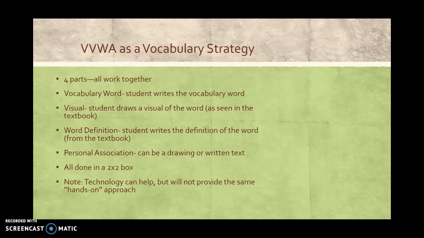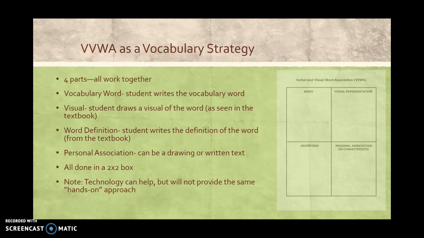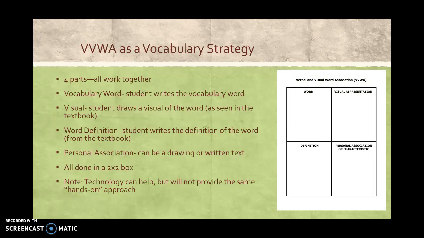So as a vocabulary strategy, it has 4 parts that all work together. The vocabulary word is written, so the student can see how it's spelled, see how the word looks. And then the student also draws a visual representation of the word. They can use one that was in the textbook, or they can use something else that they've seen out in the world.